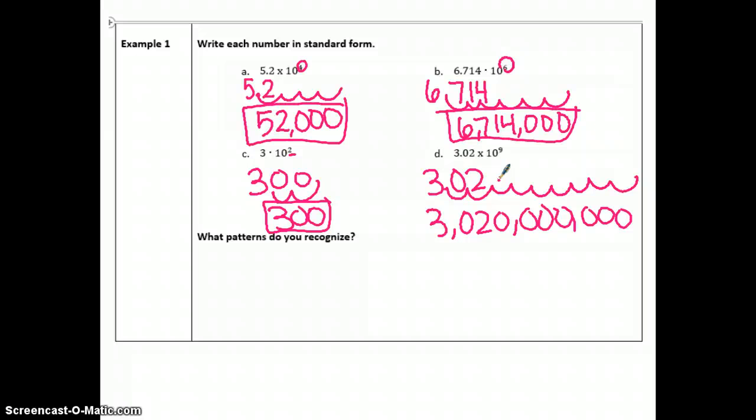Okay? You'll notice the patterns that you recognize. When I'm taking it to a positive exponent, my numbers are getting very, very large. So when we're multiplying by a big number, our number is going to get large.